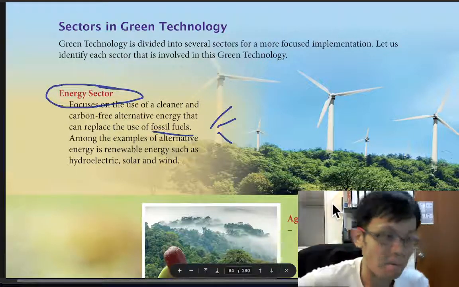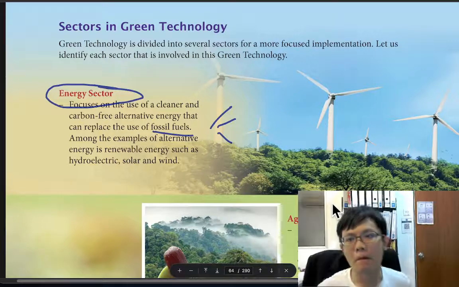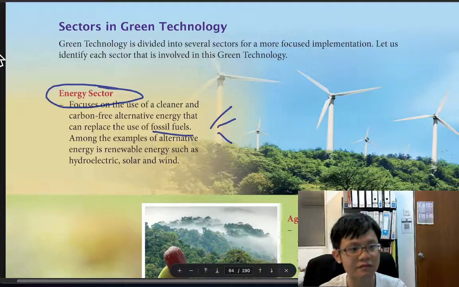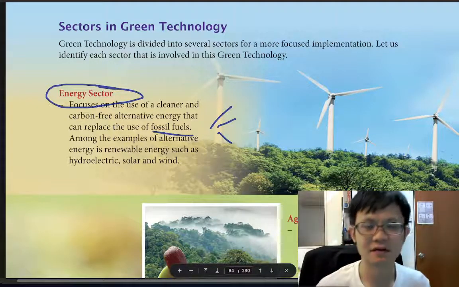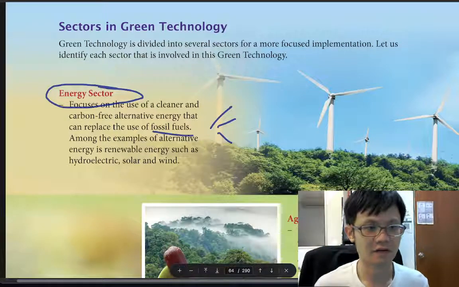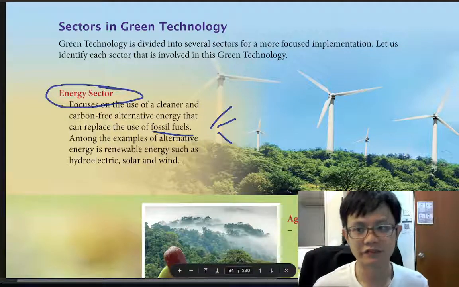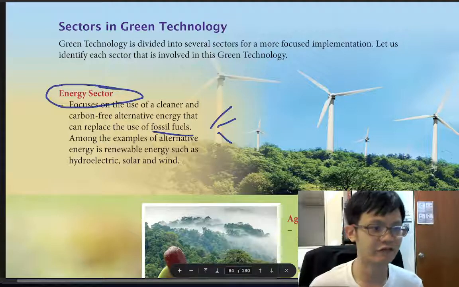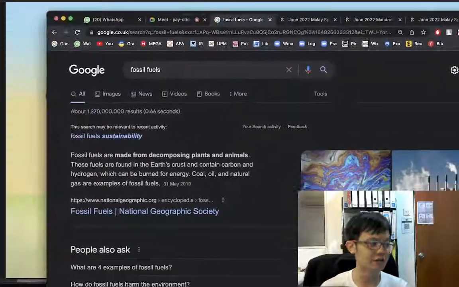Plants and animals. Okay, example. Natural gas and petroleum. Petroleum, very good. So again, we have one more teacher, which is our Google.